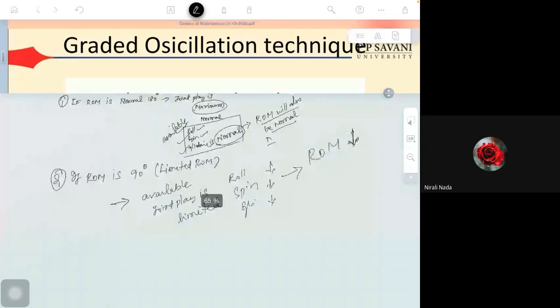Third point. So what will you do? What is your aim? I have already told you the aim is to increase range of motion. So how will you increase it? You have to increase the joint play.